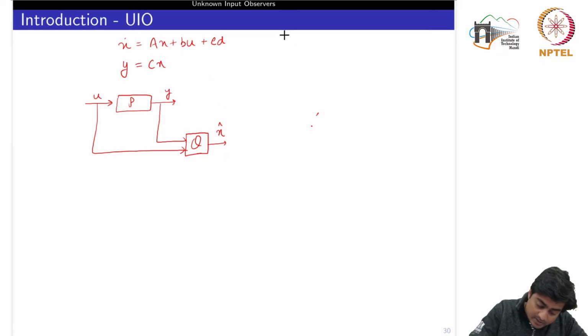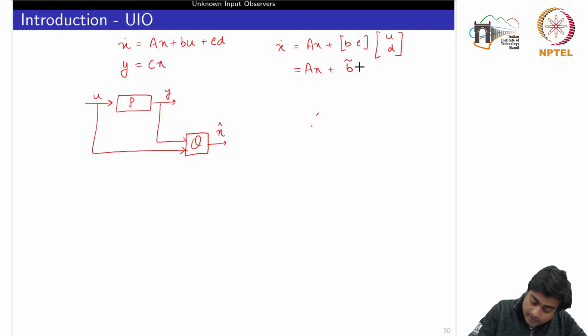So we can parameterize this as x dot is equal to Ax plus Ed, so I can write this as Ax plus B tilde, and this becomes my u tilde. My output term remains as it is.